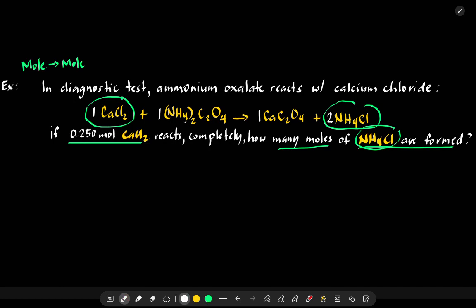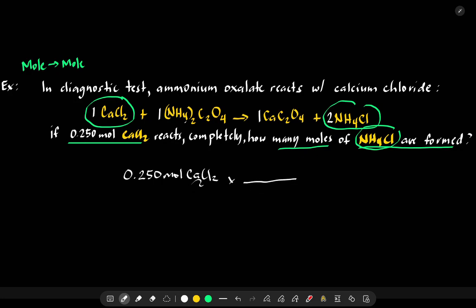Okay, now, first, you have to write the given, 0.250 mole of CaCl2, times, pag mole to mole, ang kailangan lang natin dito ay yung balanced chemical equation, makikita natin yung mga number na nasa unahan nito. Yan po yung ating ilalagay dito.